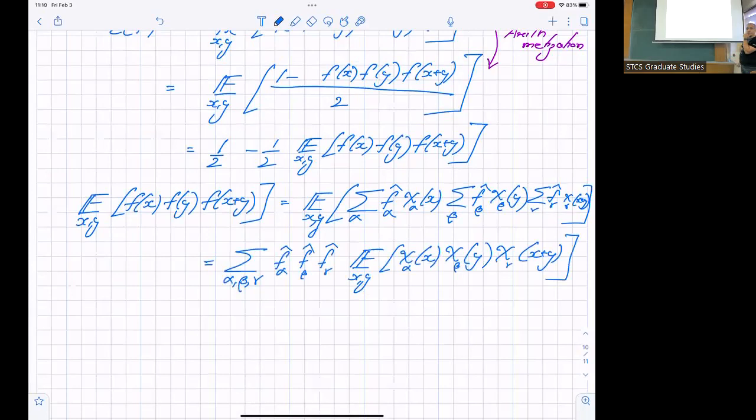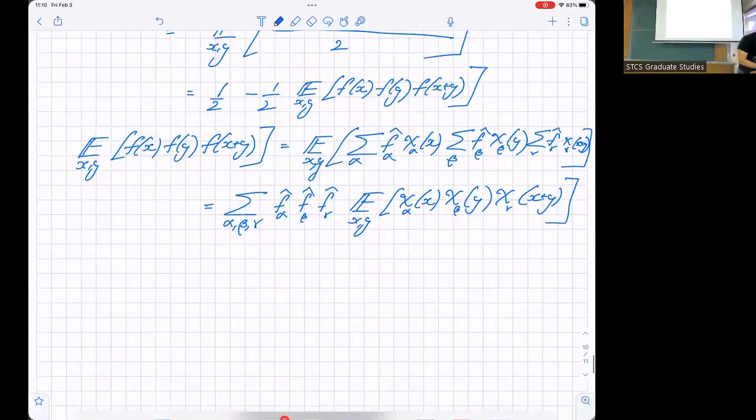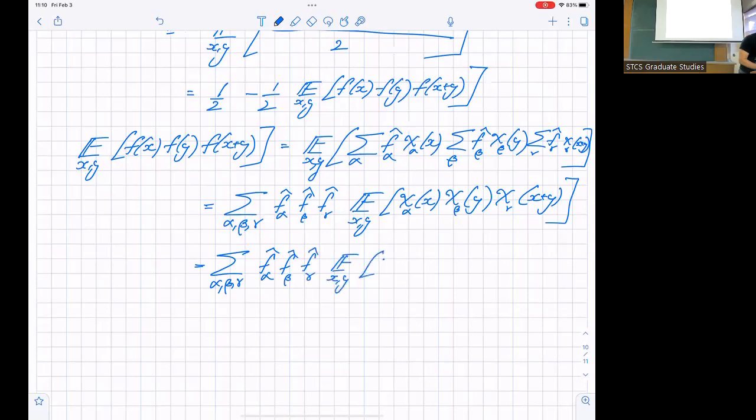So far so good? Now notice that chi gamma of x plus y is exactly chi gamma of x times chi gamma of y. Therefore, this is the same as summation over alpha, beta, gamma of the expectation of chi alpha x, chi beta y, chi gamma x, chi gamma y.